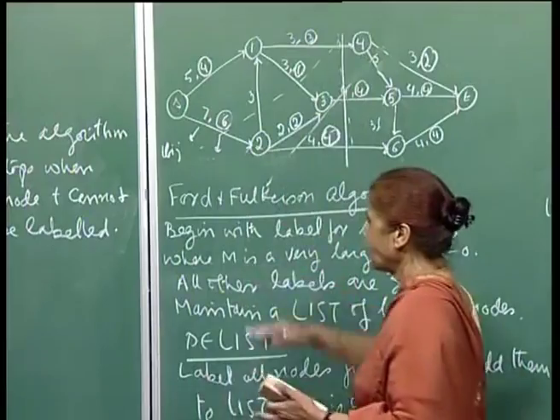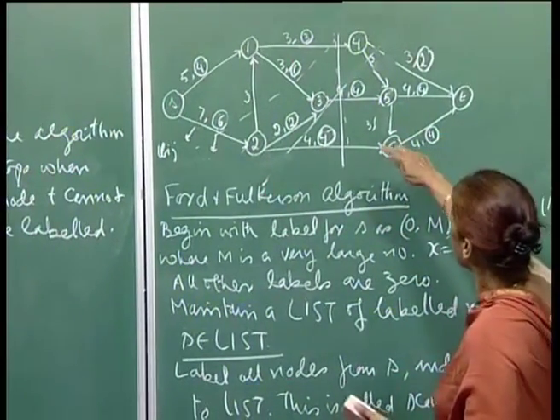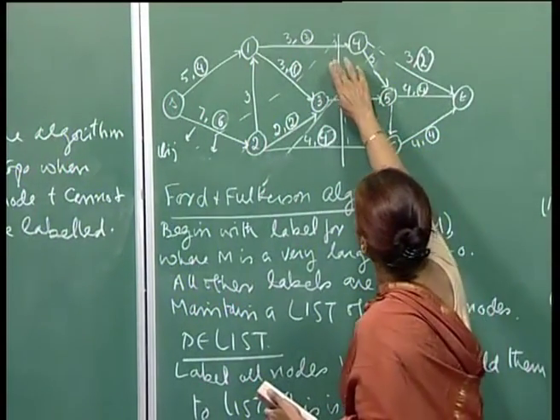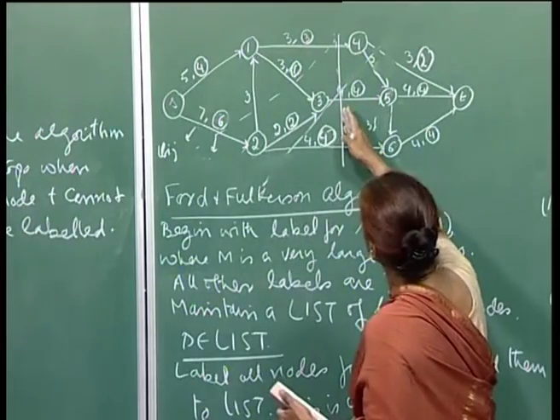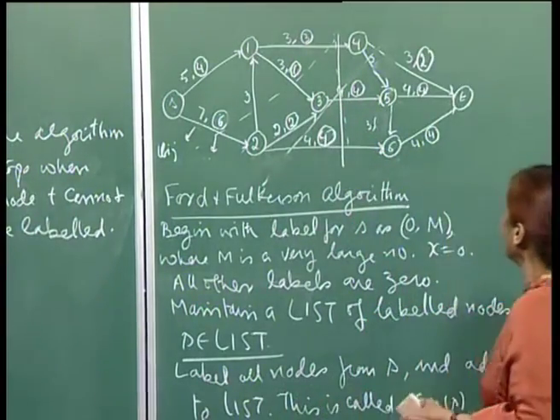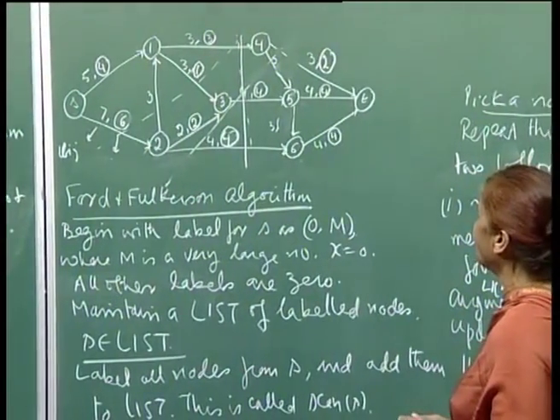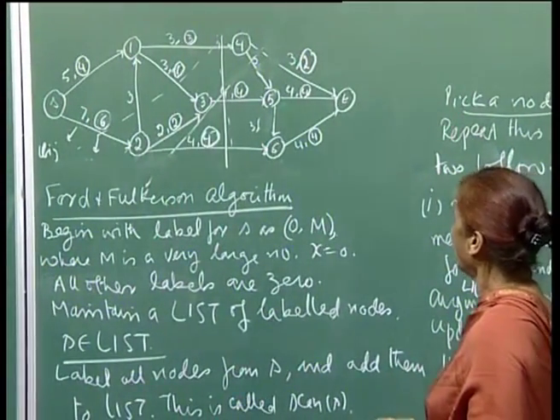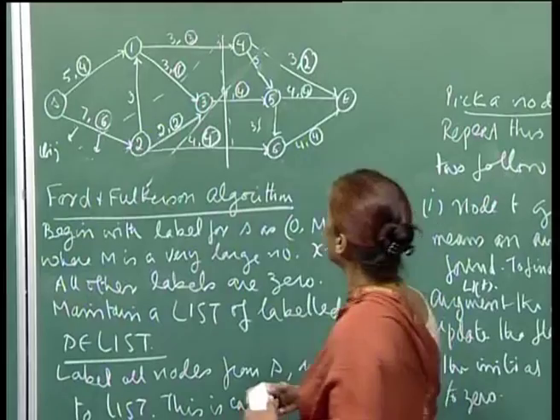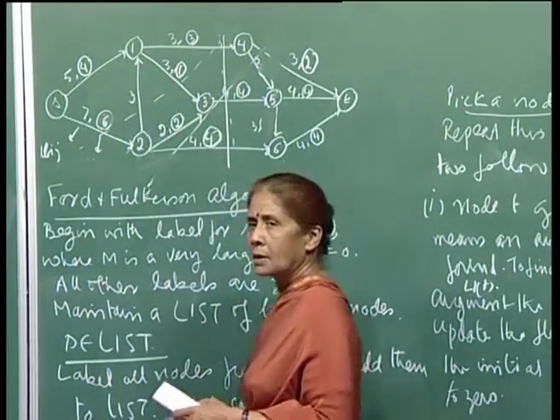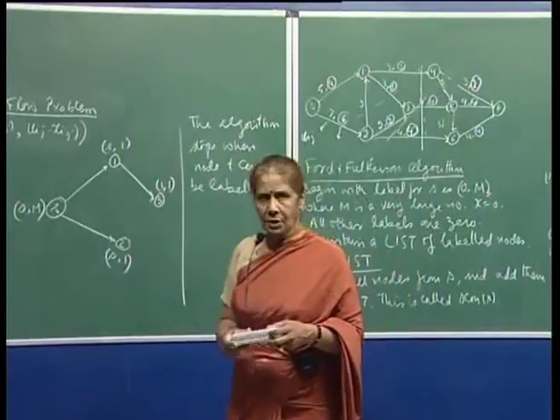We will revisit the problem, because this one is showing that the capacity of the cut is 11. If this is the cut, then I should be able to show that there are 11 units of flow in the network. That means we should be able to increase the flow by 1 more unit. Okay, so we will see. The calculations need to be checked.